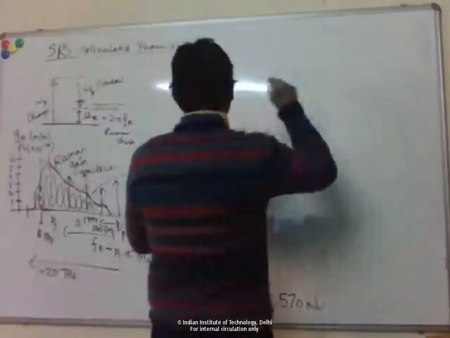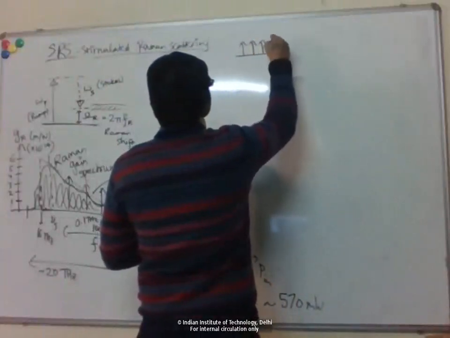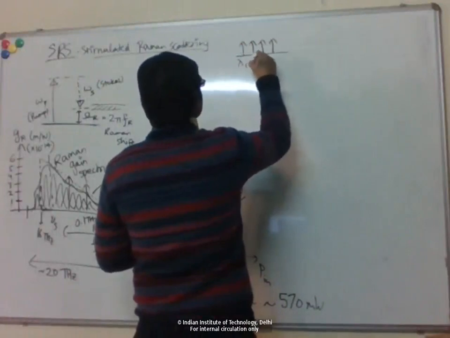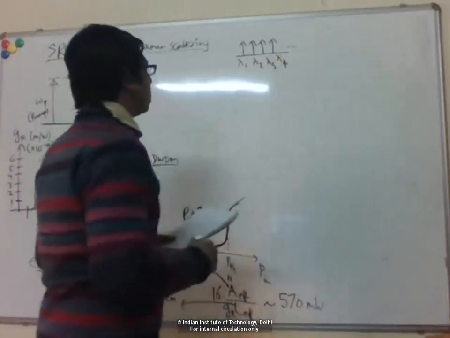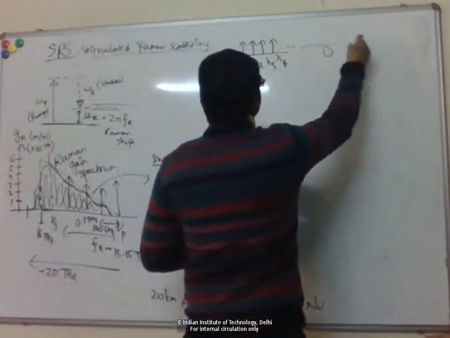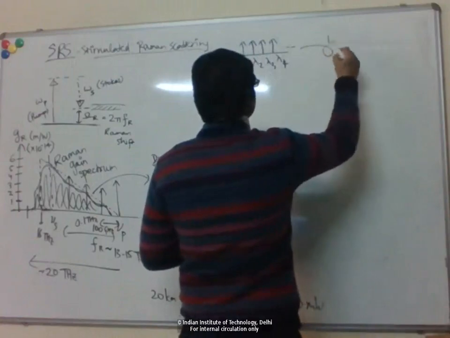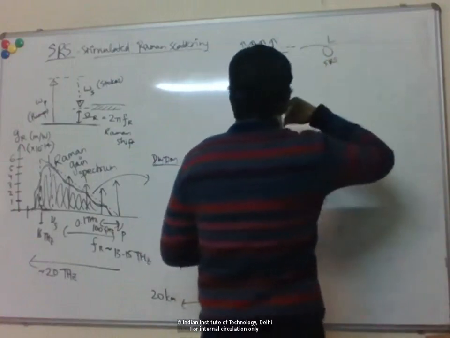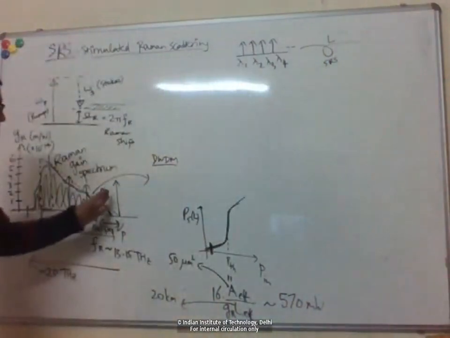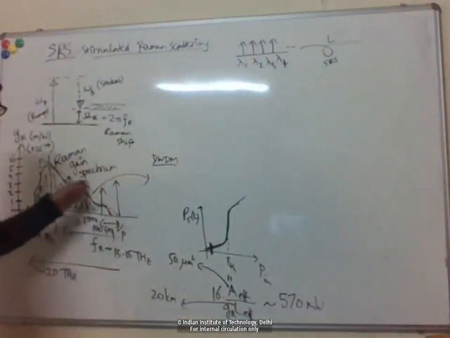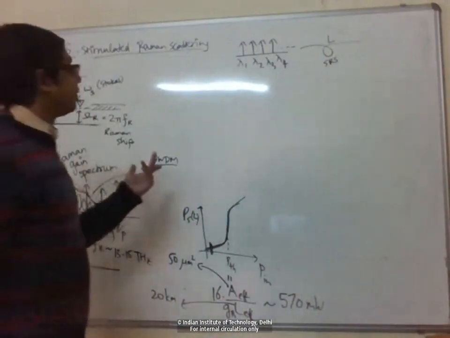Right. So let's say I have multiple wavelengths traveling through my fiber. Because of this Raman scattering in the fiber, the power gets transferred from higher frequency to lower frequency, or in wavelength, basically from lower wavelength to higher wavelength.